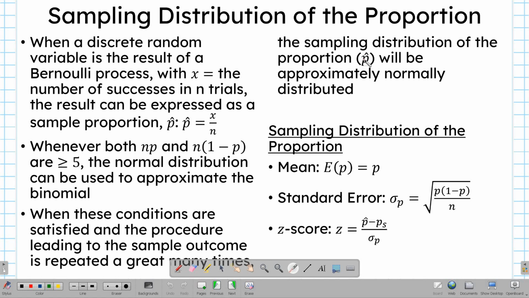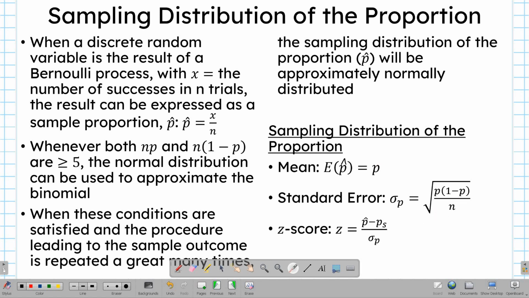So for the sampling distribution of the proportion, the expected value of our sample proportion, p hat, would be the population proportion itself, which is usually in percentage, because that's how we usually have our probabilities.